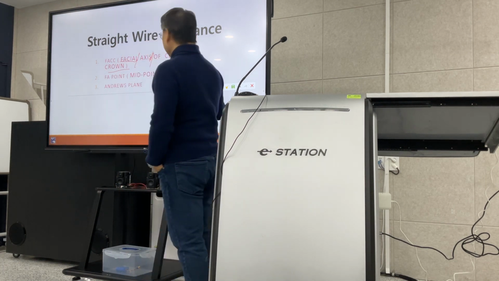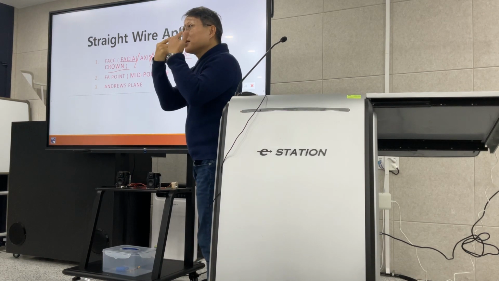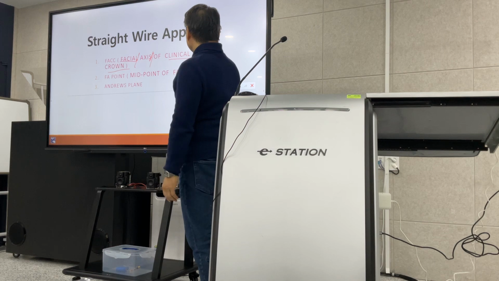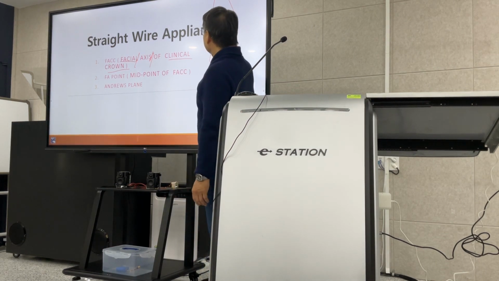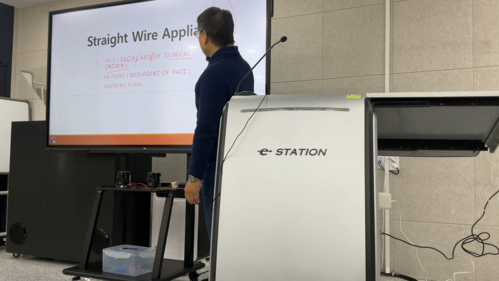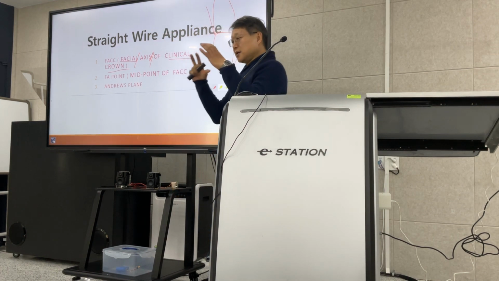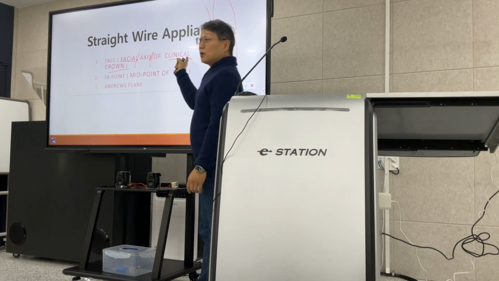That means when we see the patient, we can see the tooth in front of the patient. The only portion we see is the facial crown, right? The root we cannot see. So think about the point focusing on the facial of the crown.